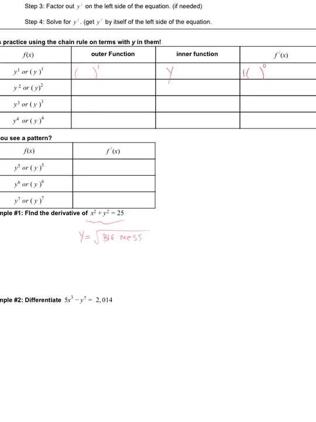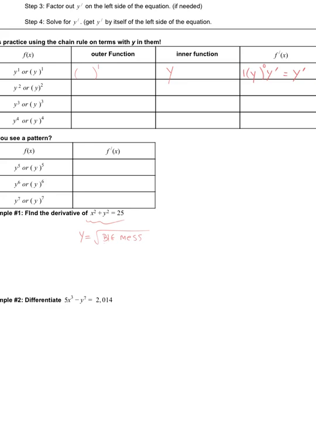The inner function would be y, and the derivative of the inner function, the derivative of y, we're just going to call it y prime, because we don't know what y is equal to. So y to the 0 is 1, so 1 times y prime is just y prime. So the derivative of y to the first, implicitly using the chain rule, is y prime. We're going to keep practicing this because there's a really nice pattern.